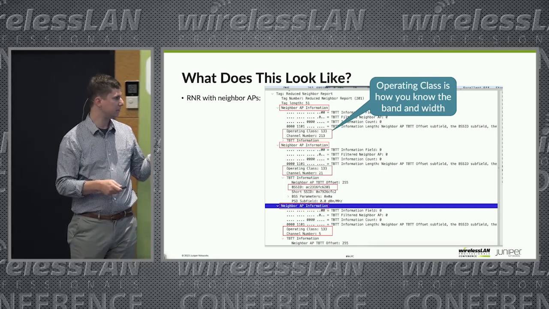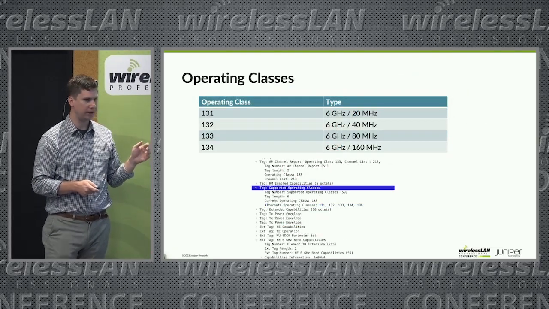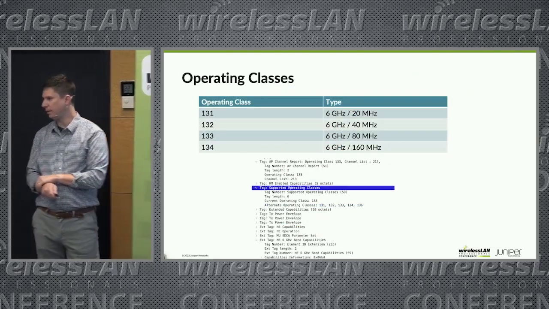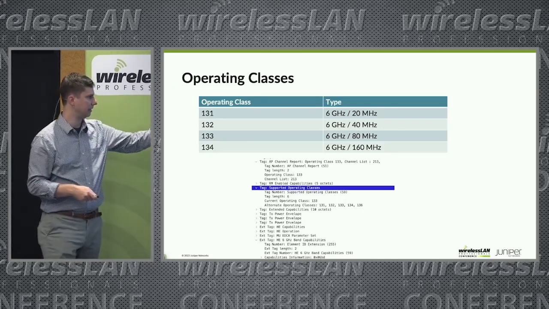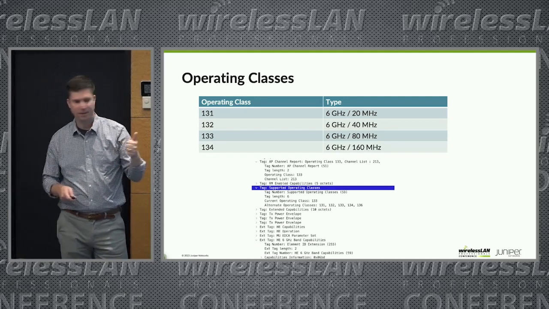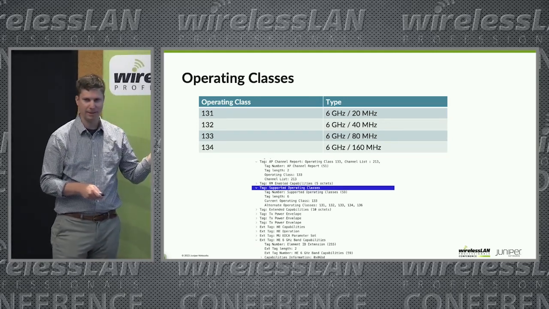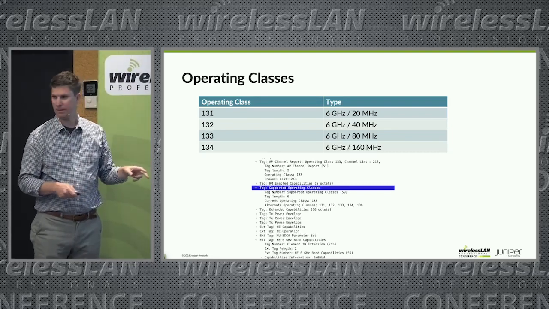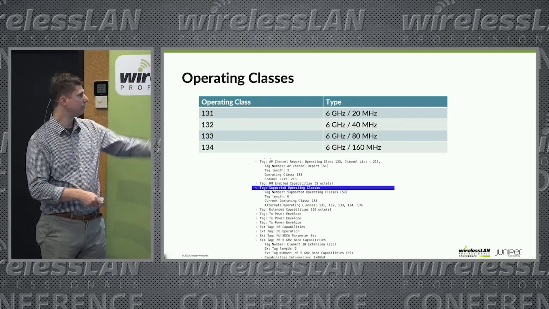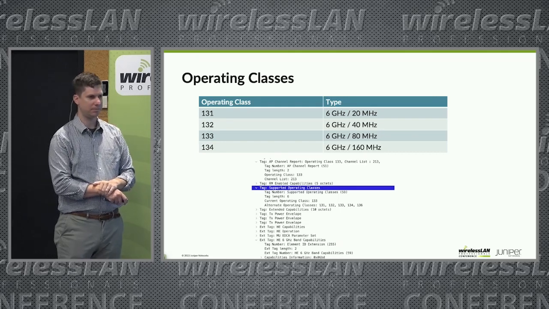And you'll see this operating class in several IEs in the beacon. It's not just in one place: there's an operating class IE, there's a channel report IE in the R&R. You'll see operating class all over. If you're not familiar, these are the common ones.